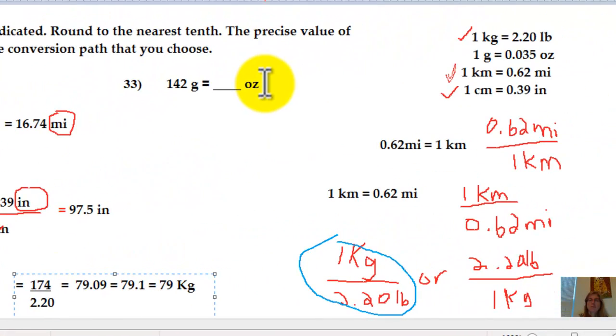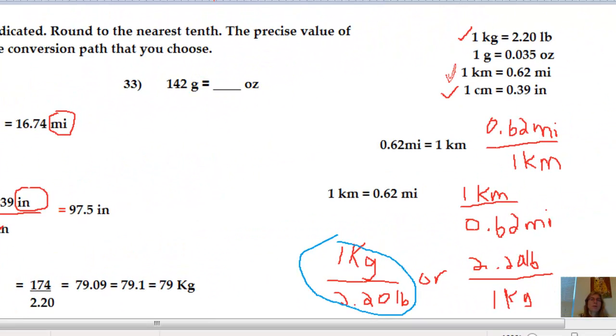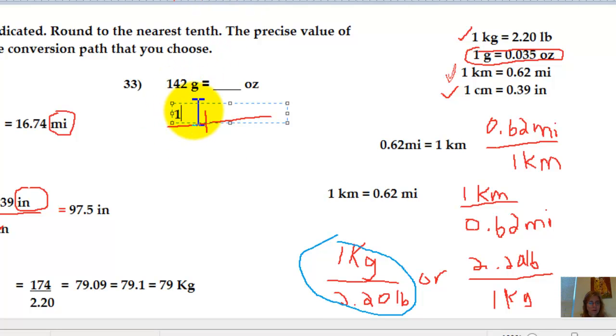Okay, and in this problem here, hopefully you can get the idea of what conversion factors to use. We have 1 gram and then 0.035 ounce. And we're going to do that. And we'll start out with 142 grams. And we will put that over 1.